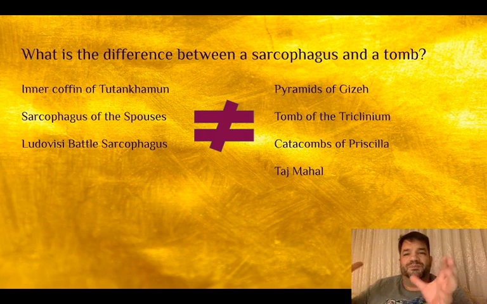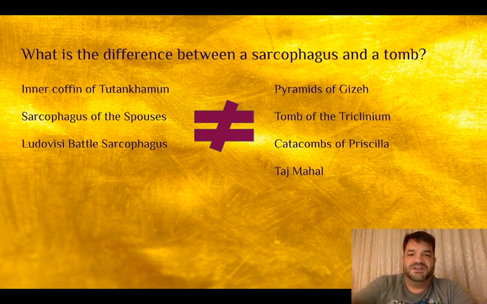Those are the boxes that hold the remains, versus the tombs, the buildings, the structures that were meant to hold the coffins. Does that make sense? A sarcophagus is a coffin, essentially, and that's going to fit inside of a tomb. So they're not synonymous, so just keep that in the back of your mind.